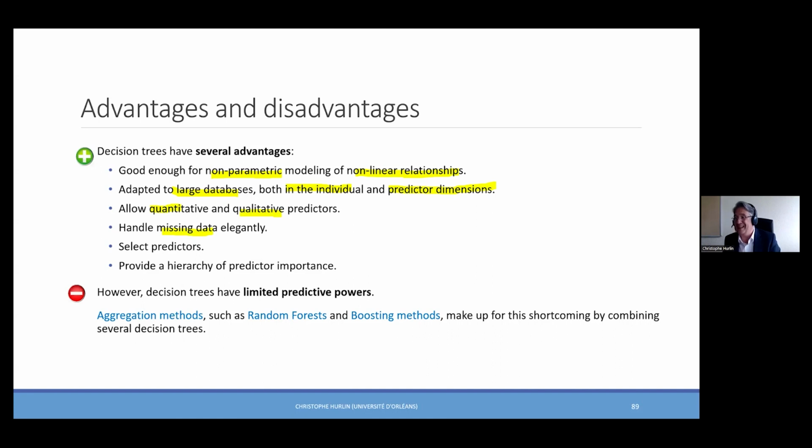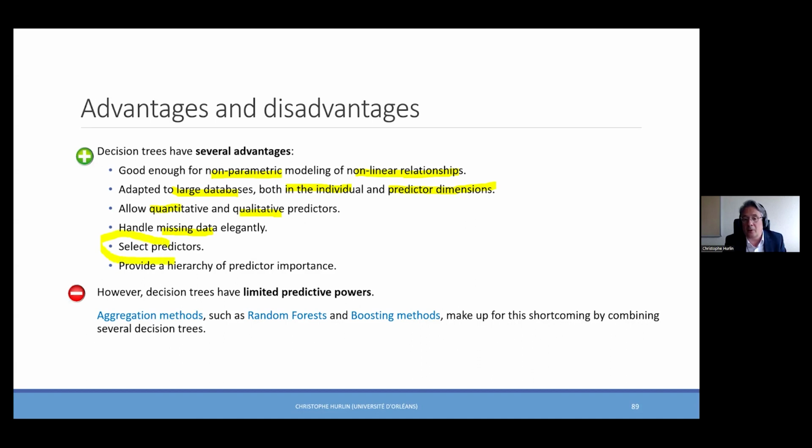I can have missing data in my dataset, and the fact that there is a missing value for x1 will be considered as information, and then we will have a decision about y in the case where there are missing values in the x1 variable, for instance.